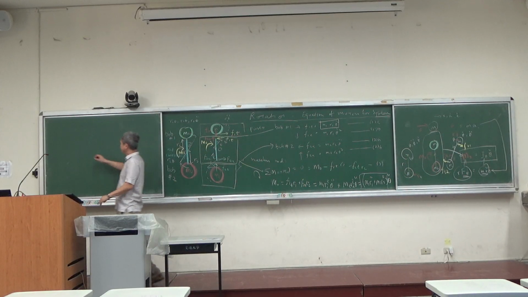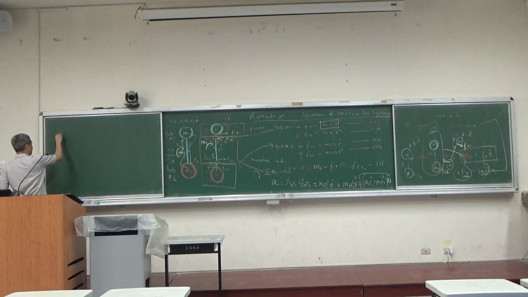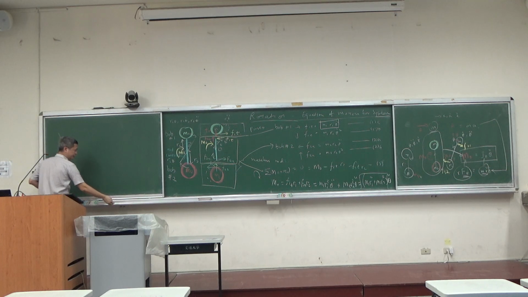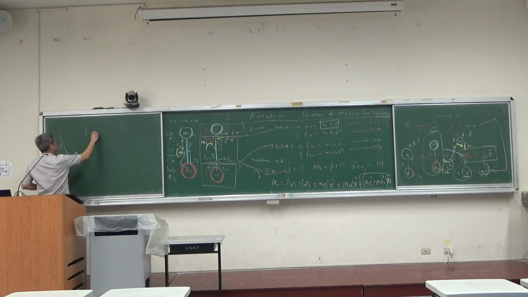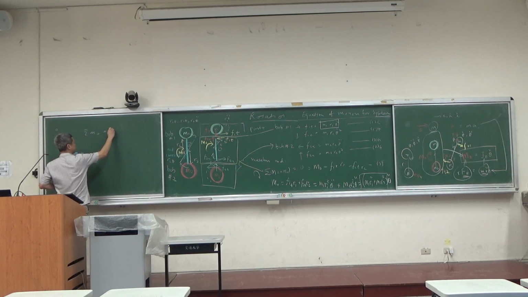So it doesn't just apply to a simple pendulum. Previously you learned about this simple pendulum. If you have M here, you have the rotation here. If you are writing the forces on here, then you can write moment sum about the pivot is equal to J naught theta double dot.